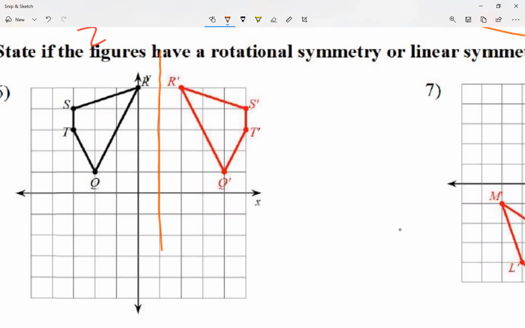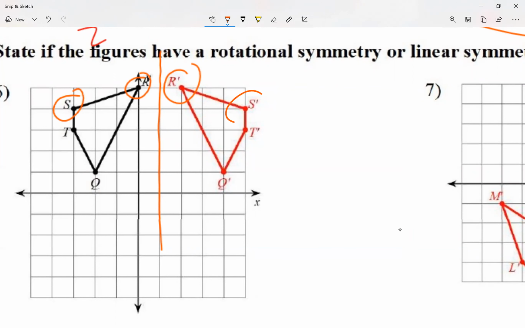And I notice that the red one flips on the other one. As a matter of fact, if you follow the points, here's the point R, here's the little R with the little apostrophe. I'm gonna call it R prime. If you follow the point S, you guys can see S prime, and then the T, and then the Q. This one, I was able to flip it over. So this one I'm gonna call linear.